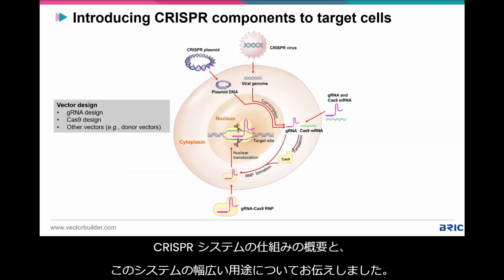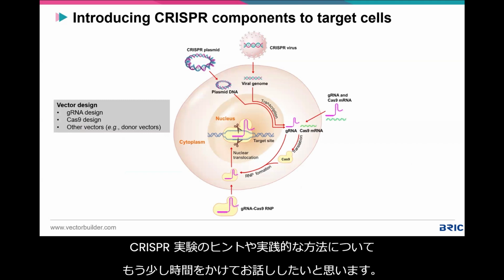So hopefully I've given you an overview of how the CRISPR system works and some of the very general, broad applications of the system. I want to spend a little more time talking through experimental tips, practical ways to successfully design a CRISPR experiment.